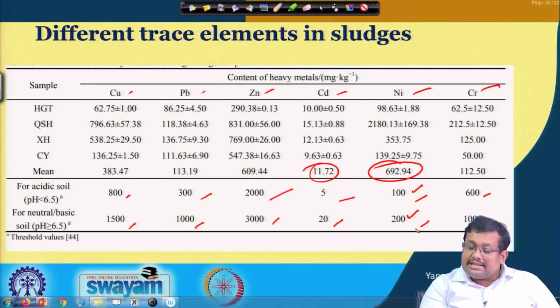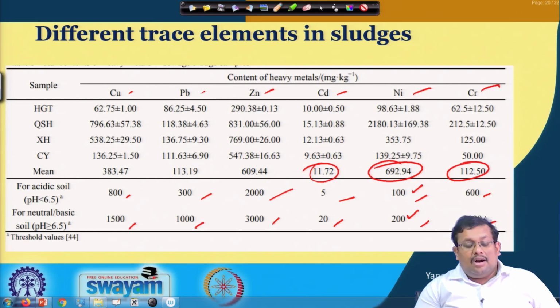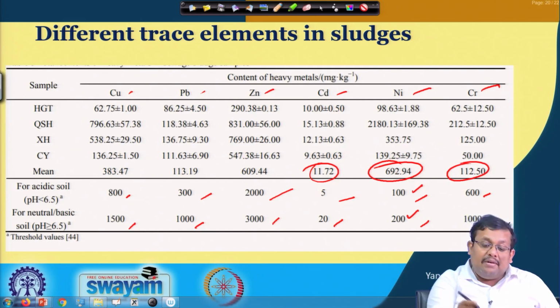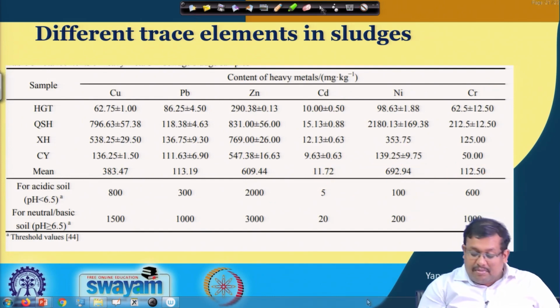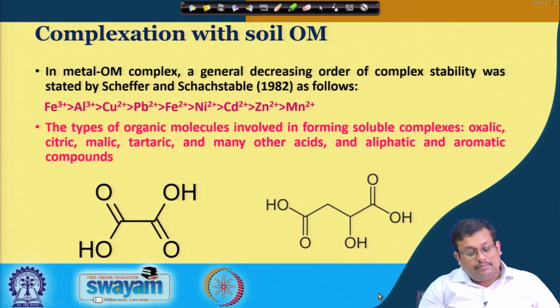As far as chromium is concerned, the values are less than the threshold values of acidic soil. So, that shows the wide variation of different heavy metals present in the sludge, and some of them are above the permissible threshold limits.